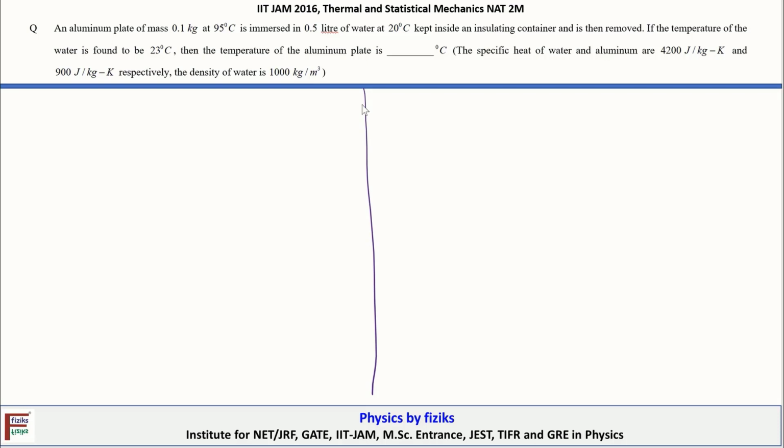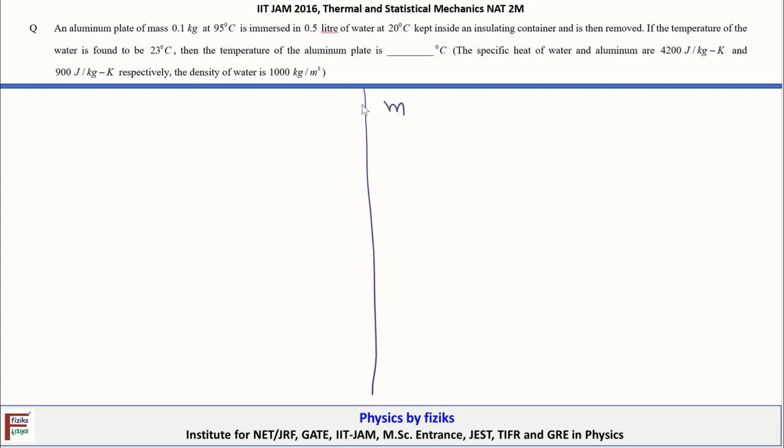So we have to find the temperature of the aluminium plate, and some information is given to us. The specific heat of water and aluminium are given, and the density of water is also given. Let's first write the given information, and then we will make use of the principle of calorimetry to solve this problem in a very simple way.